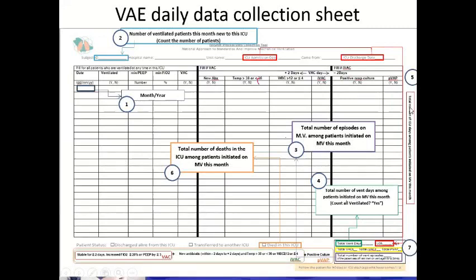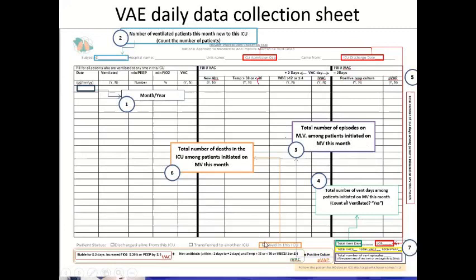For the total number of ICU days, again, we take it from ICU admission and ICU discharge.